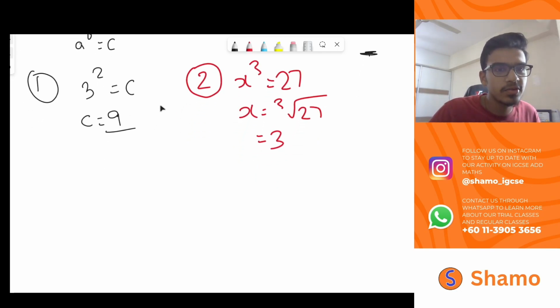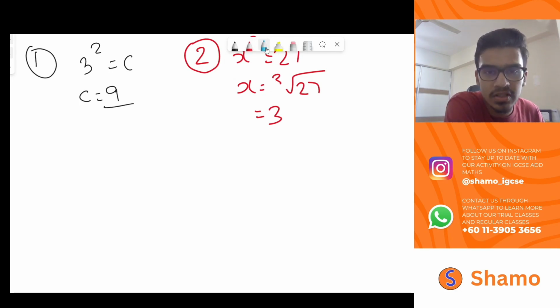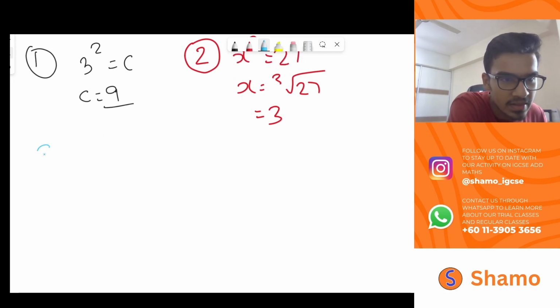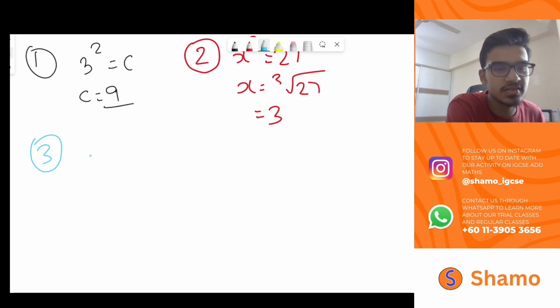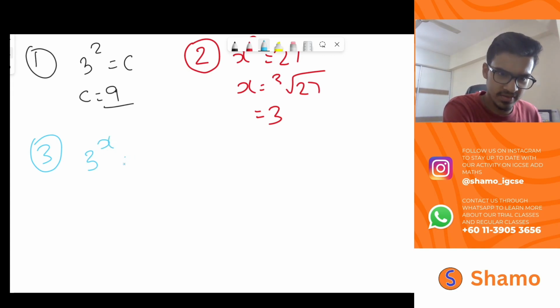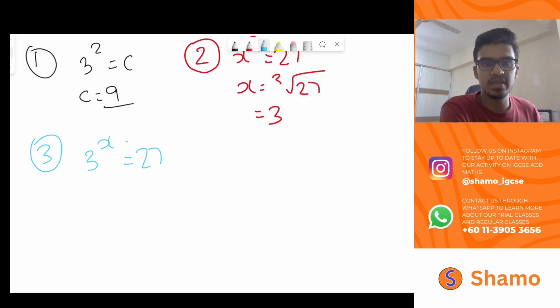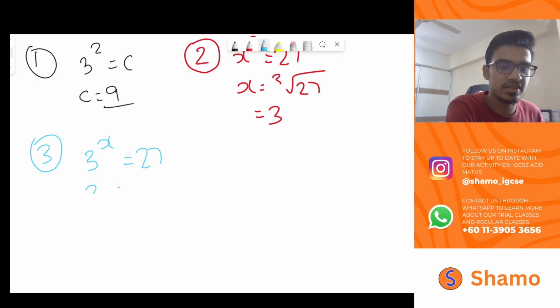Now, let's go to a third situation. Let me do this in blue. Let's make this third situation in which b is unknown. So, how will that look? 3 to the power x is equal to 27, let's say. Now, we know that 27 is just equal to 3 cubed, right?